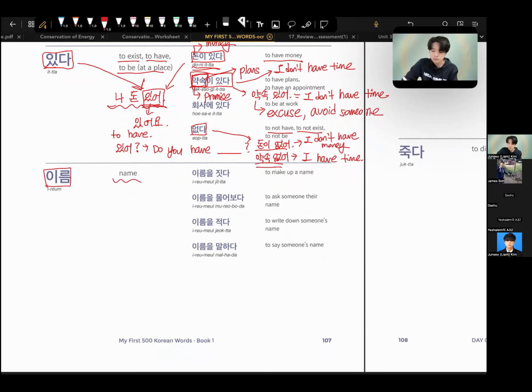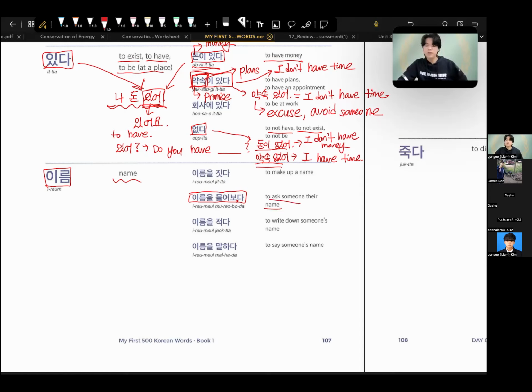So, let's look at this sentence. Can you follow after me? 이름을 물어보다. 이름을 물어보다. Nice. This means to ask someone their name.